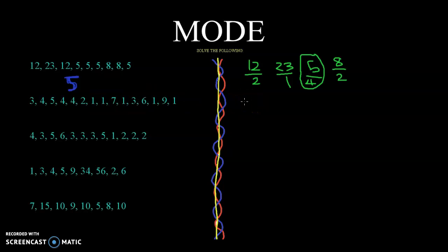How many times does 3 come up? 2 times. 4 comes up 3 times. 5 comes up 1 time. 2 comes up 1 time. 1 comes up 1, 2, 3, 4, 5 times.